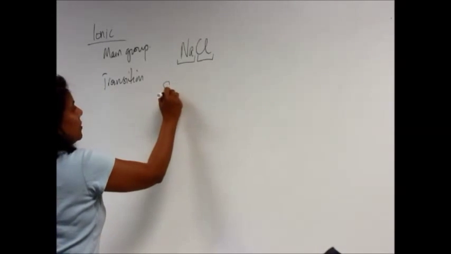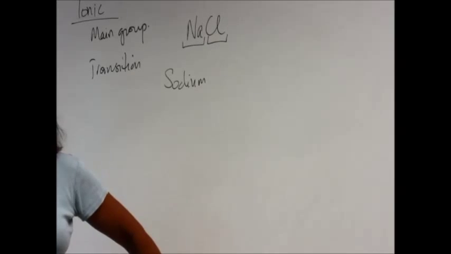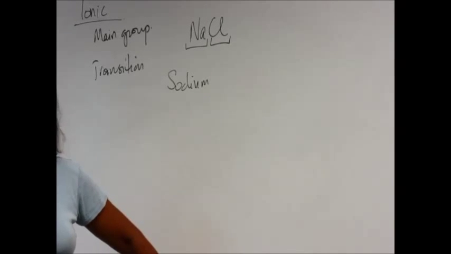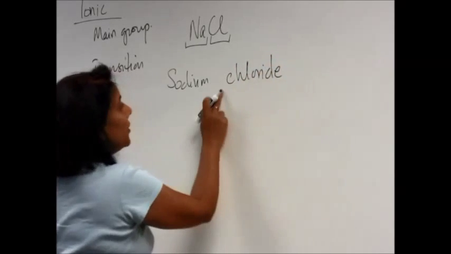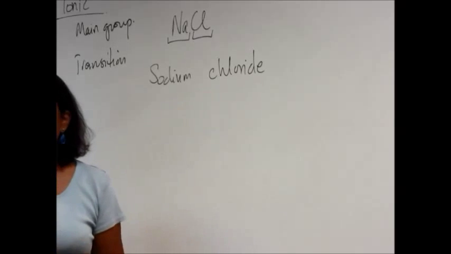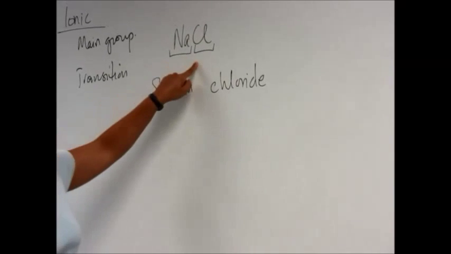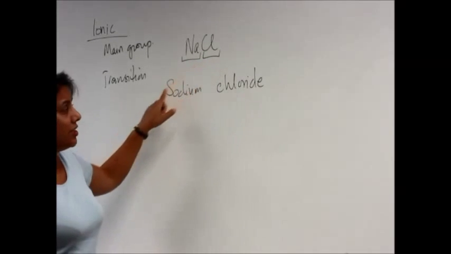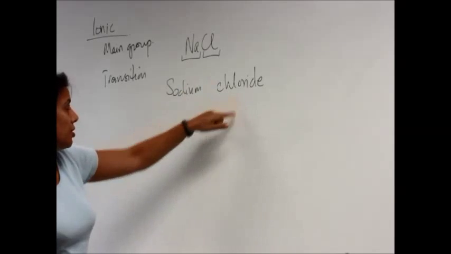So you say sodium, but then this is chlorine, but the name changes slightly. It becomes chloride. You can leave a space over here. You can also use small letters, it doesn't matter to me. Your symbols have to be in the correct letter form, but your naming can be anything, but do leave a space here, so it's not just all one word.